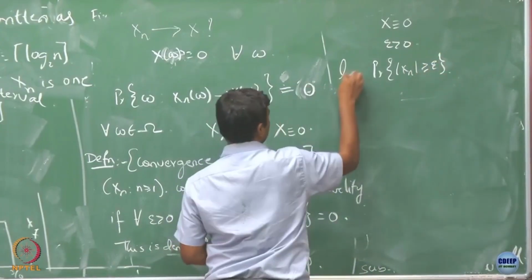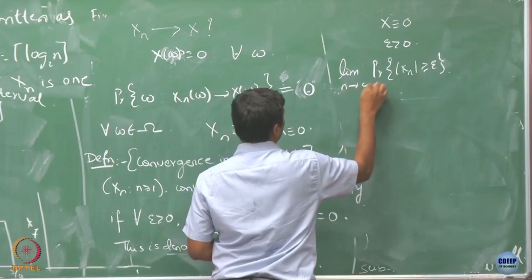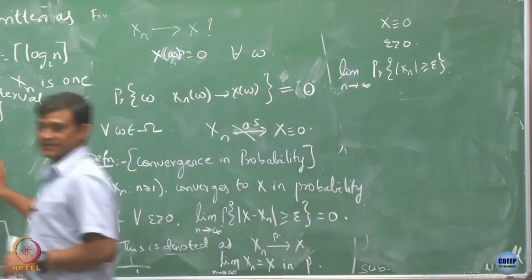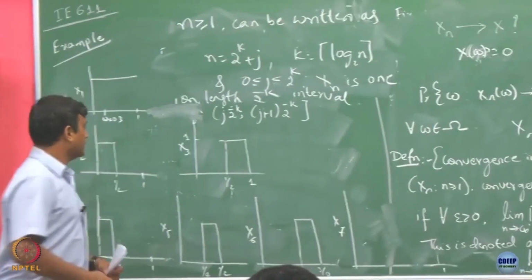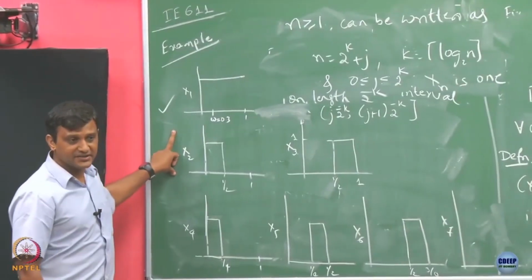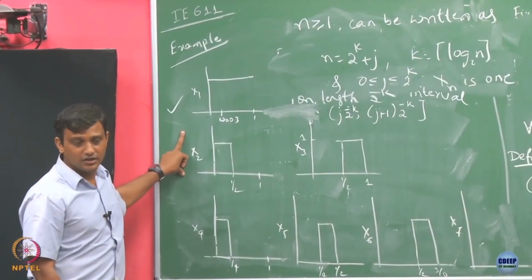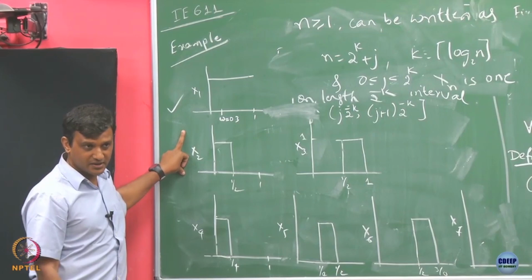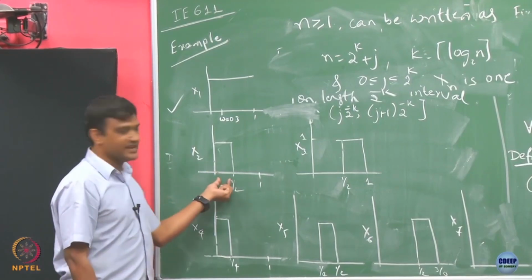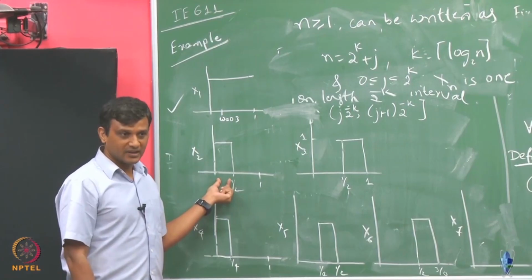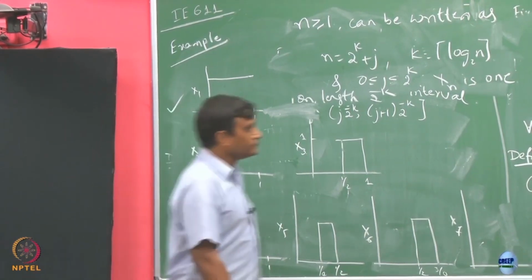If I look at the limit of this, where is this limit going for this example? Recall that this X I have defined on the unit probability space, right. So the probability that it takes a value in some interval is nothing but the length of that interval.